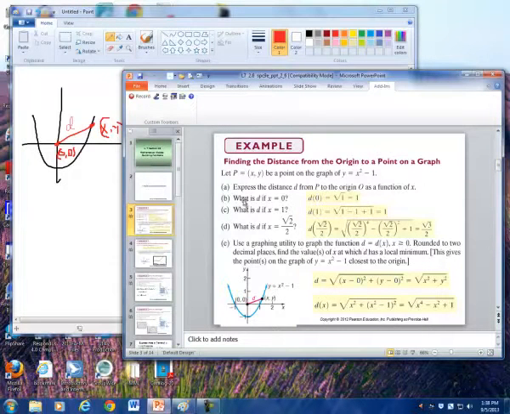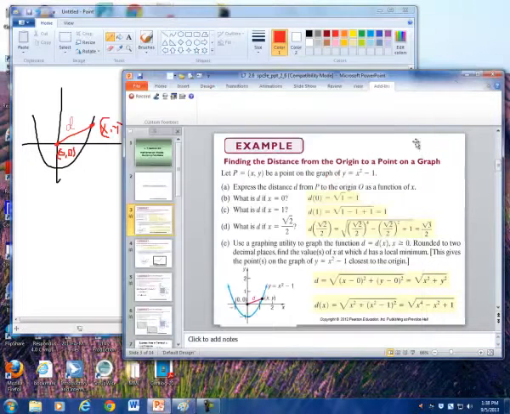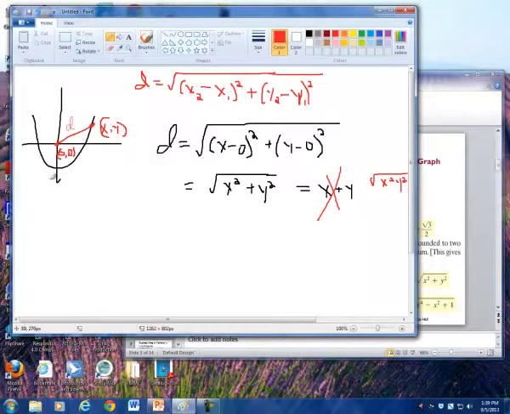Now, we want to express the distance d from point P to the origin as a function. Well, we have this equation here, x squared minus 1 is our equation. So this equation here is y equals x squared minus 1. So what we're going to do here is it's like we're cutting this y out, and then we're going to put parentheses there.